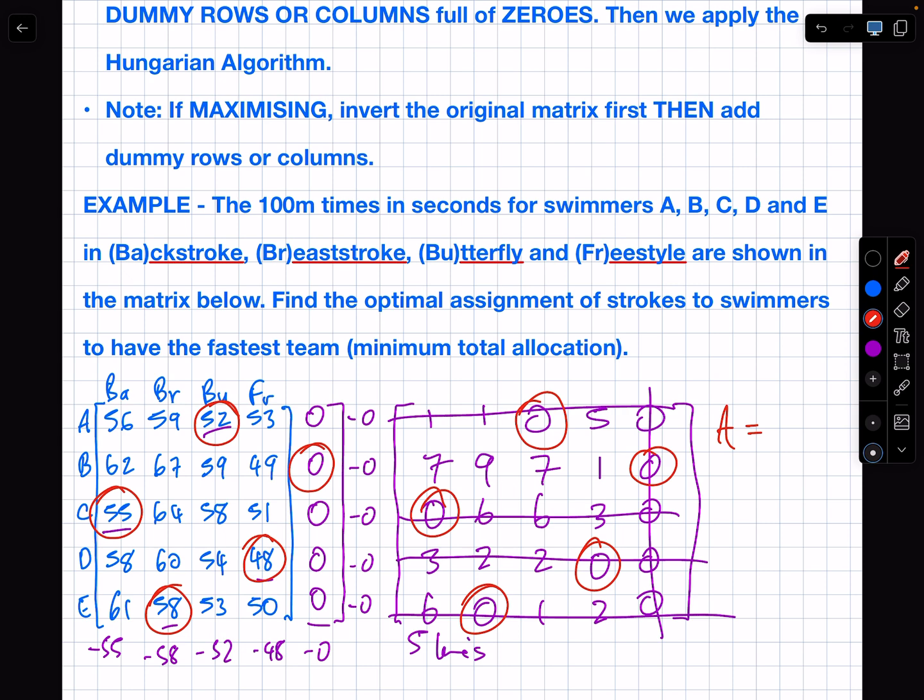So A is going to be doing butterfly now. B is going to do, he's too slow, so he does nothing. Not selected. C does backstroke. D does freestyle. And E has taken over B. E's doing breaststroke.